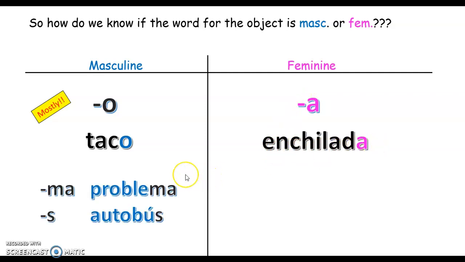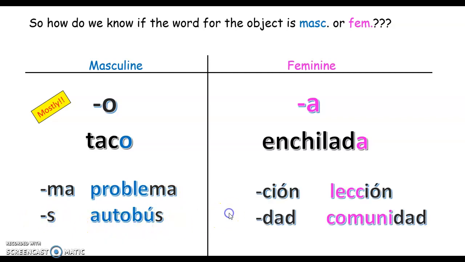So there are some other ways that you can tell. Usually if the word ends in an MA in Spanish, it's also masculine. Those are borrowed from Greek, and they were masculine in Greek, so they just kept them. Problema. And if it ends in an S, but it's singular, then it's usually masculine as well.